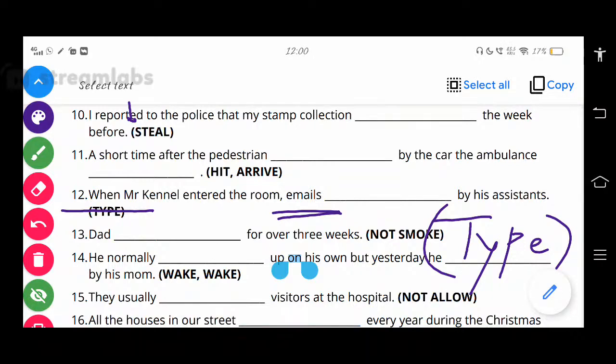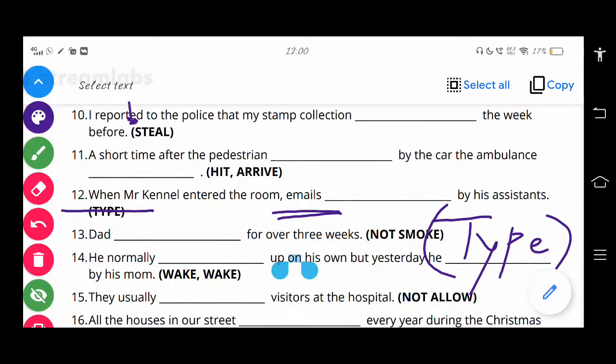It's not was, yes, were being typed. Did you understand this? Emails were being typed. That is the correct answer.